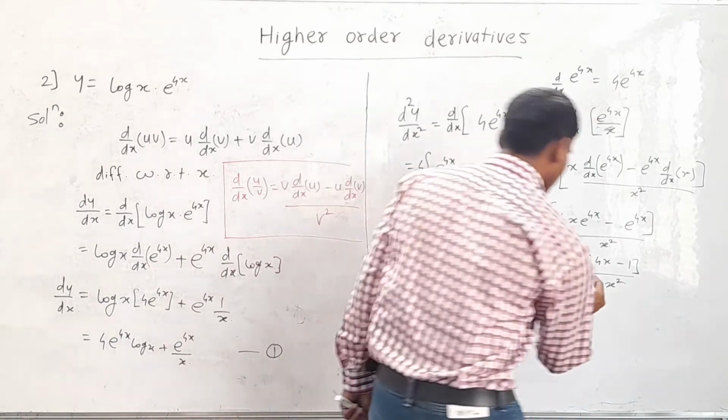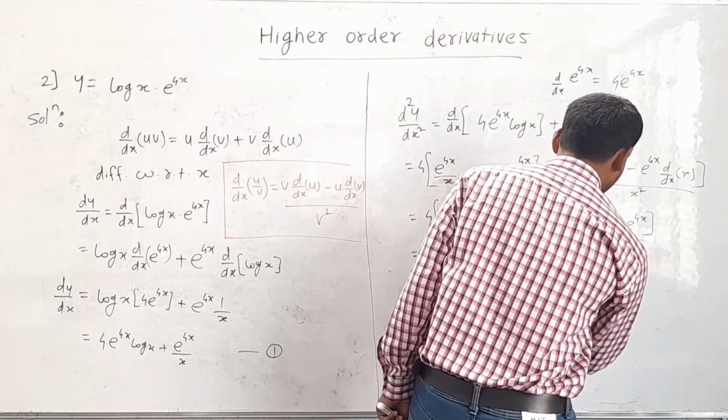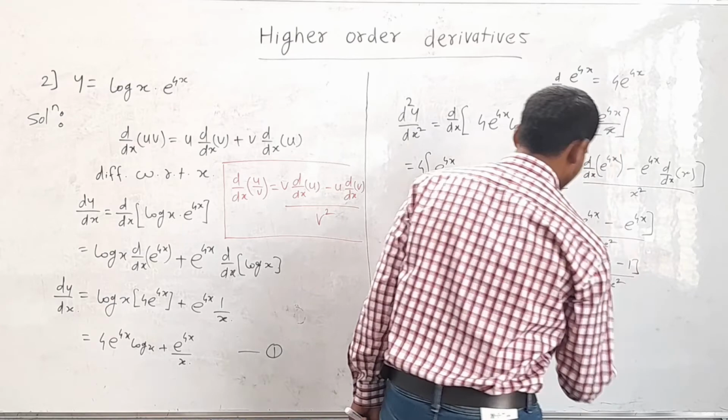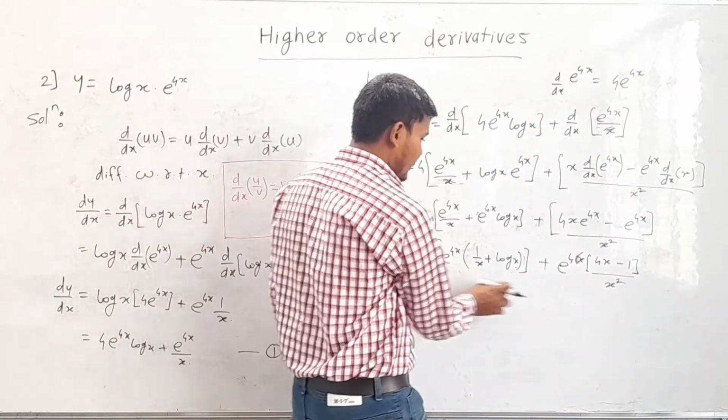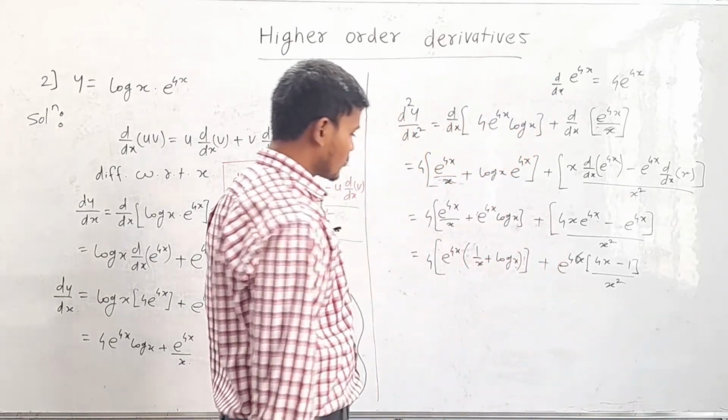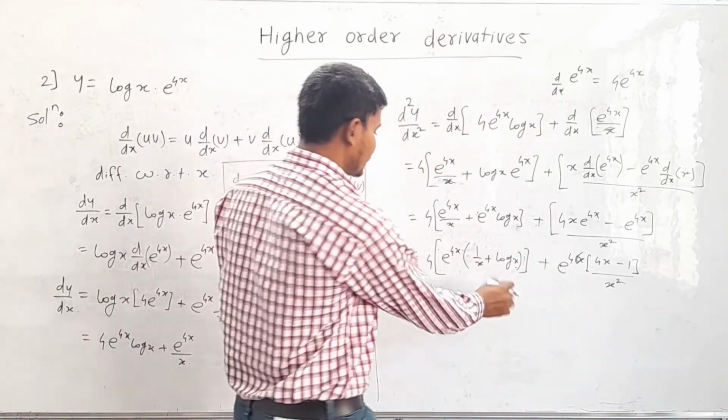So this is the equation that we have solved. Now again we can take e raised to 4x common, but this is the final answer.